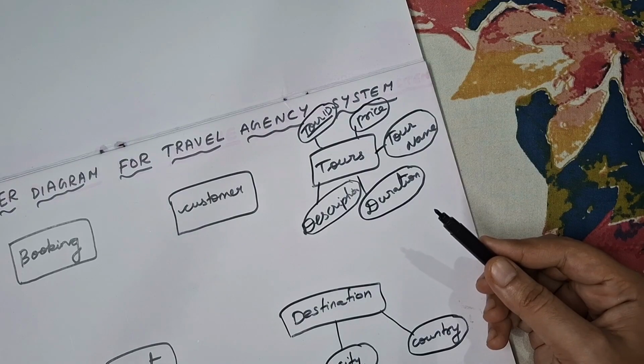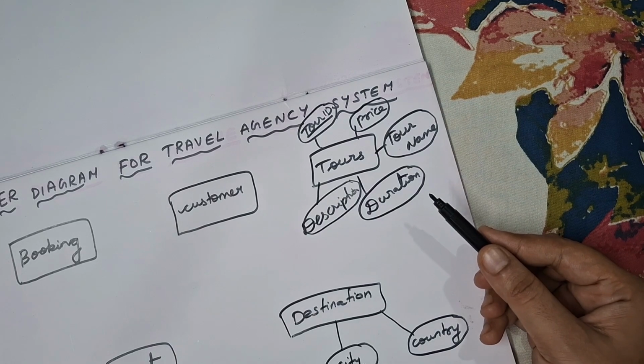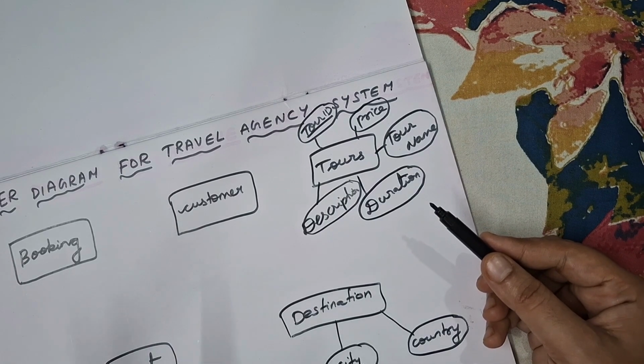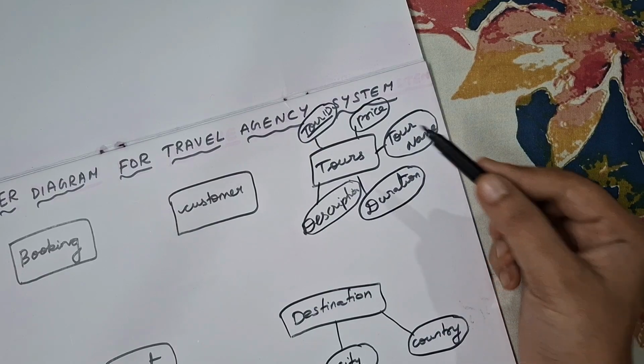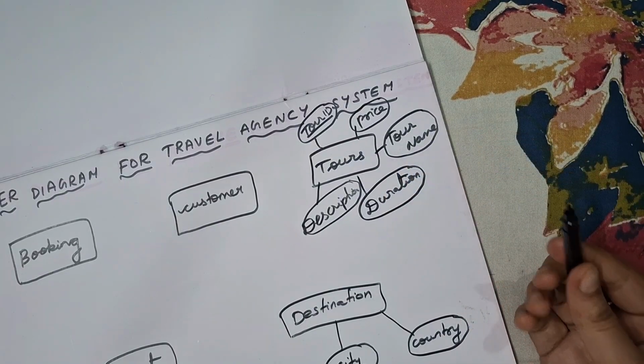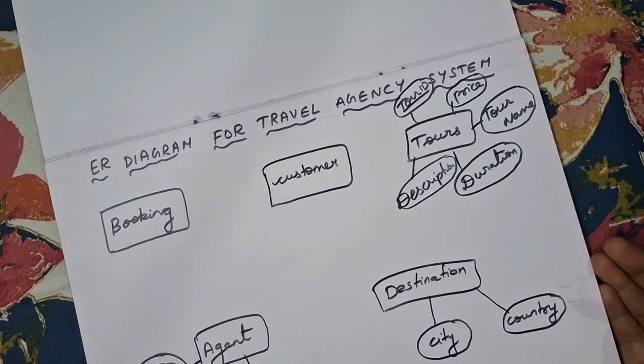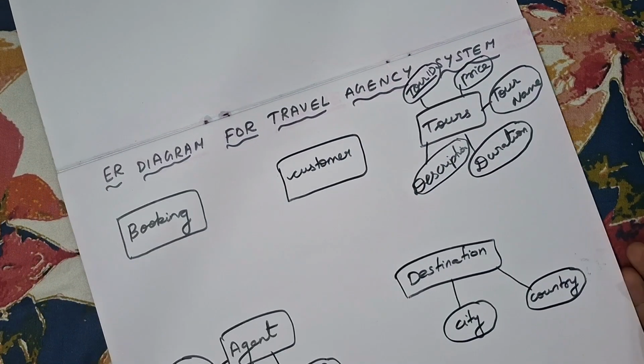So for every single place you are visiting, for every single tour package, the tour IDs will be different and unique. The same tour ID will not be repeated. A tour ID to Shillong and a tour ID to Dubai will not be the same. It will be different. It is going to be unique for every single tour that you are planning on. So therefore the tour ID is unique. So it must be underlined and written inside the oval shape since it is a primary key.